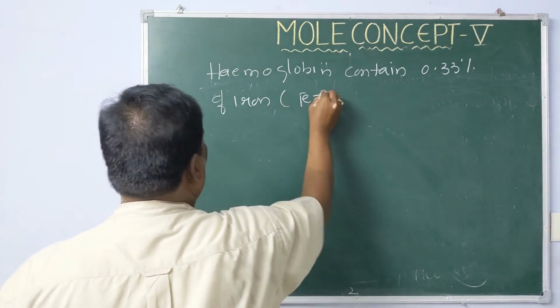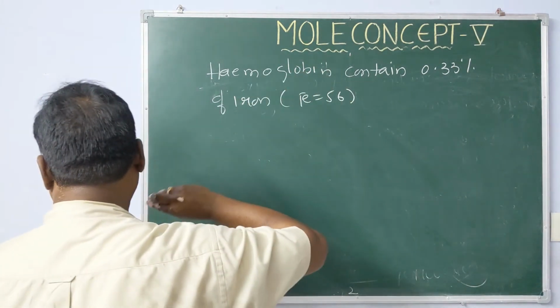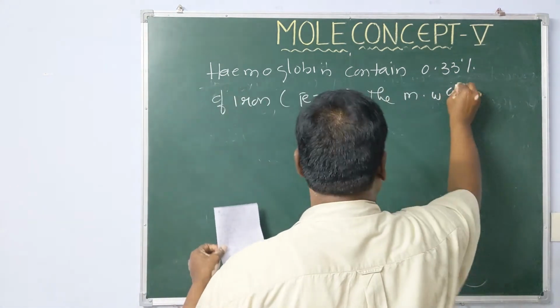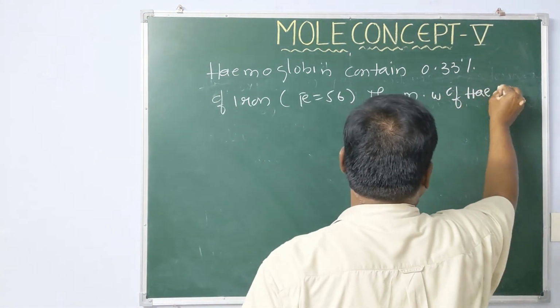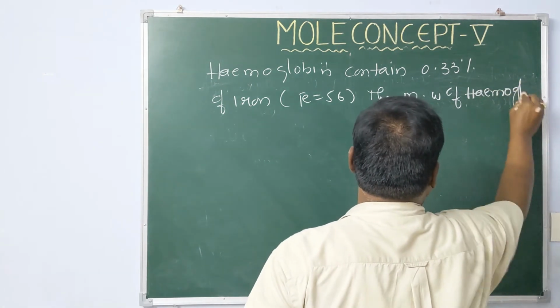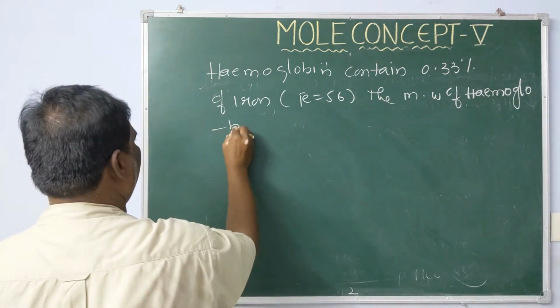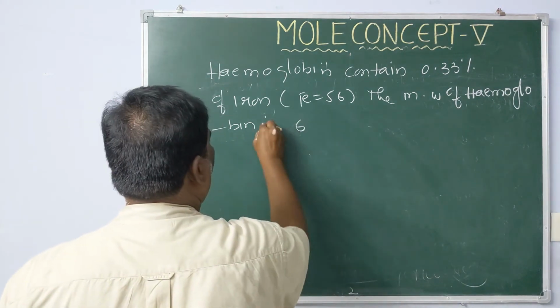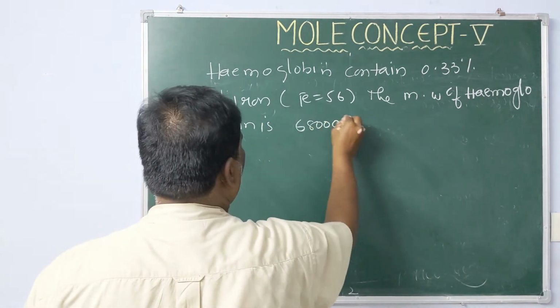Given the iron atomic weight is 56, and the molecular weight of hemoglobin is 68,000.